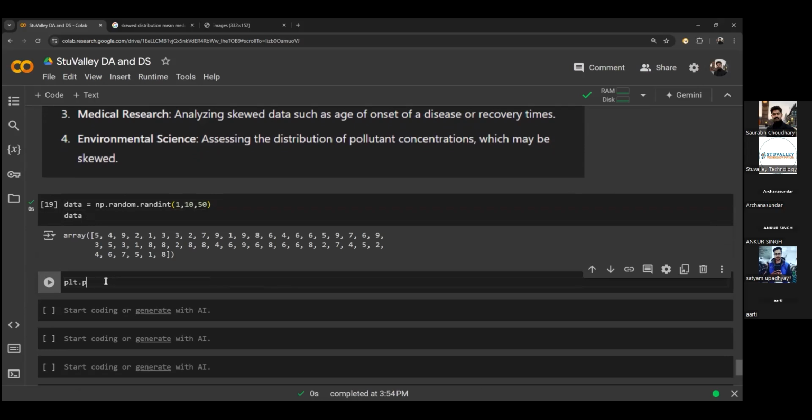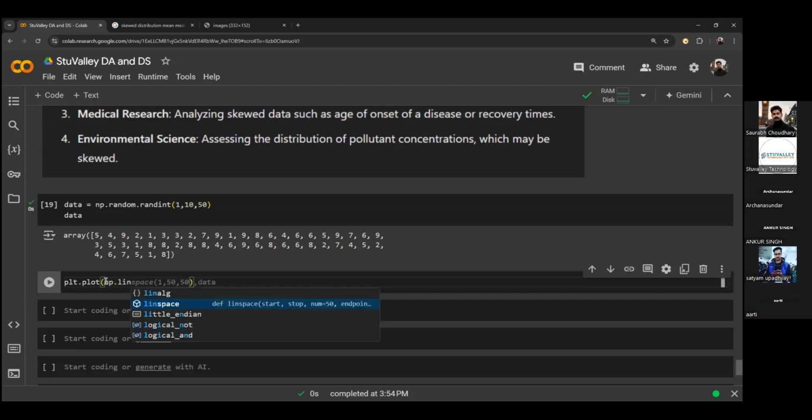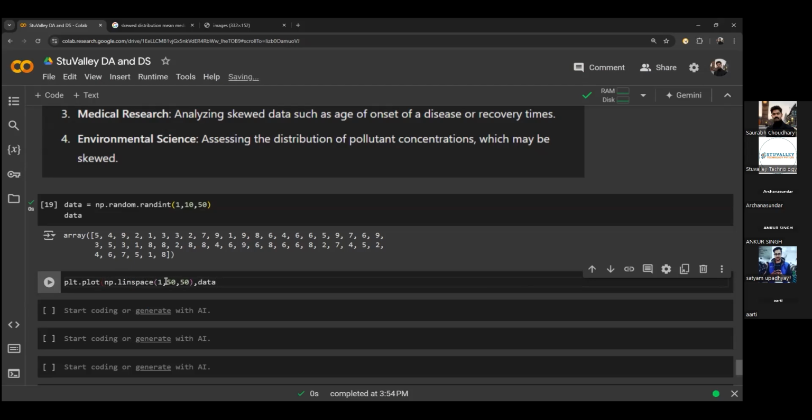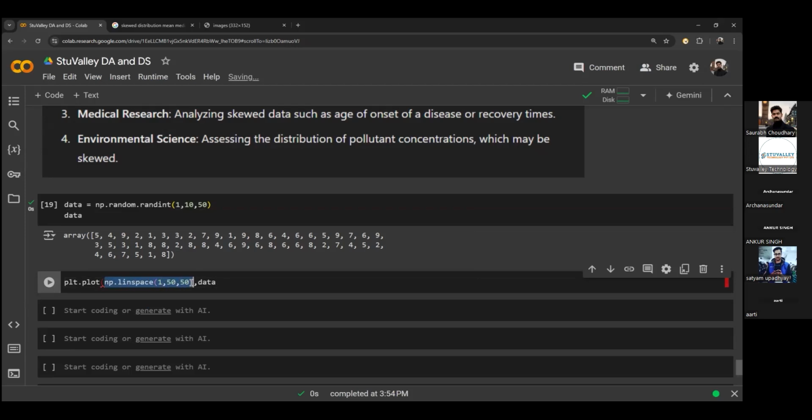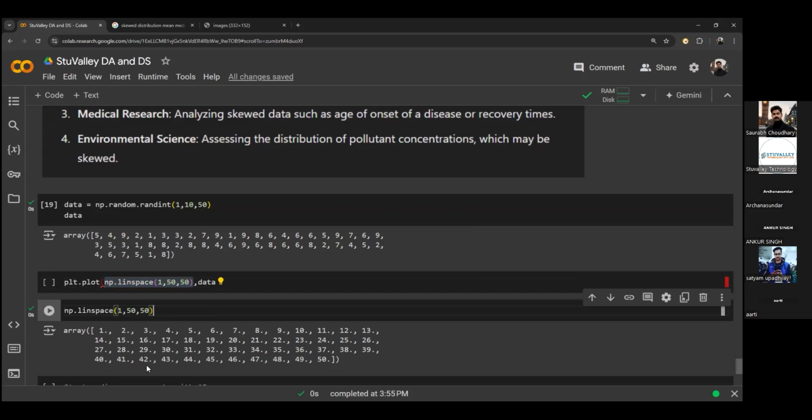So plt.plot, if we do, and np.linspace, yes, from 1 to 50 I will create, counting only, simple counting you can see here. Yes, 1 to 3. So this will act as the x for my data.